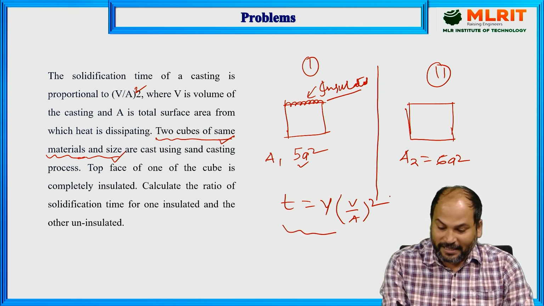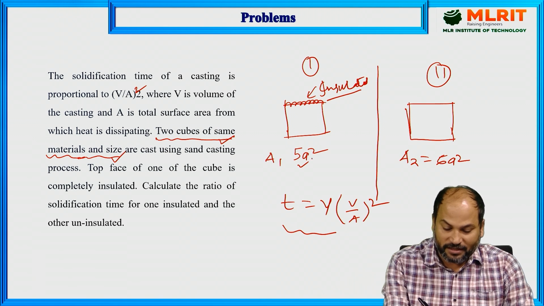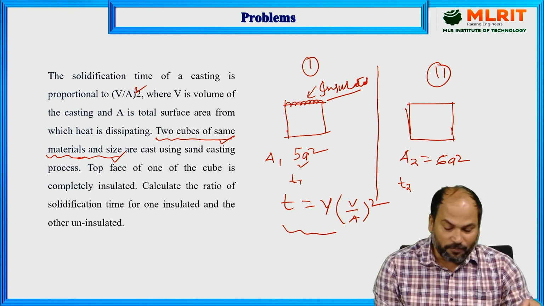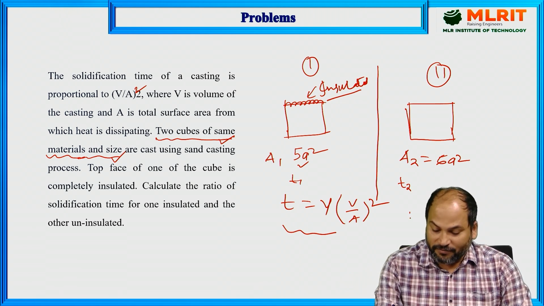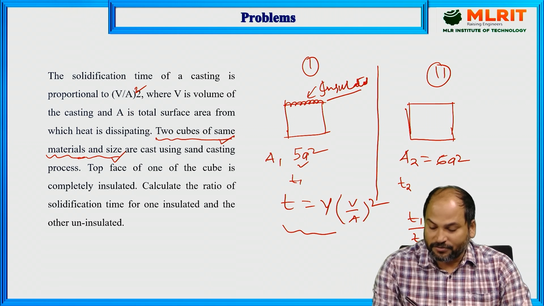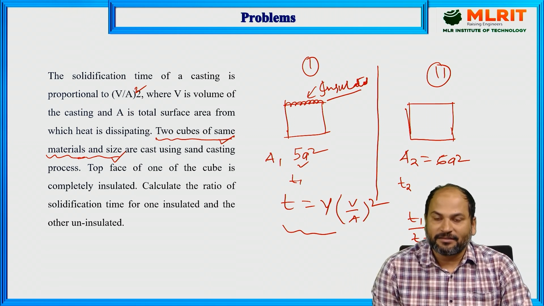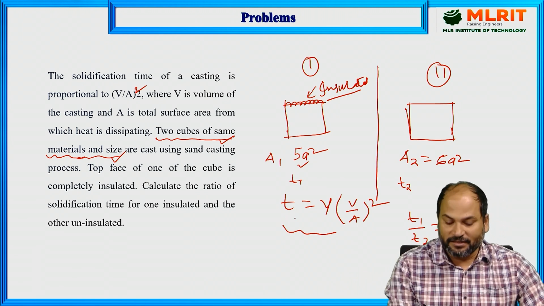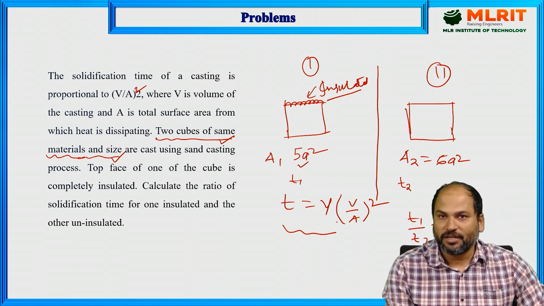If we write the solidification time for this one as T1, and for this one as T2, the problem asks what the value of T1 upon T2 is, which we have to calculate. From the formula, time is inversely proportional to the square of the surface area.